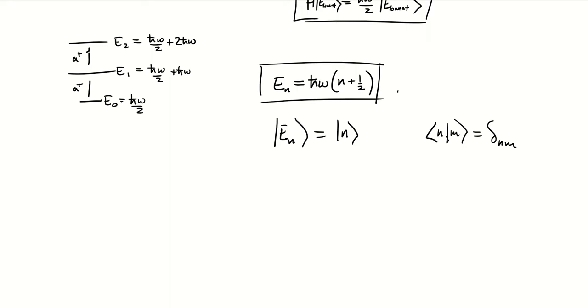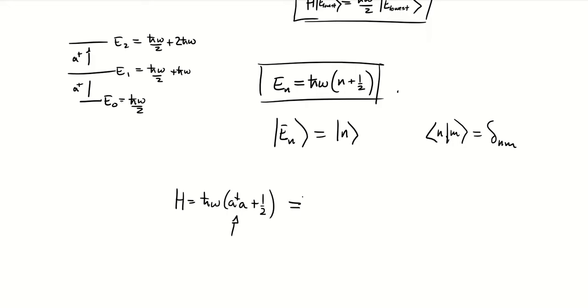One thing we can look at is our Hamiltonian, defined as h bar omega a dagger a plus 1/2 here. We can define another operator, a dagger a.